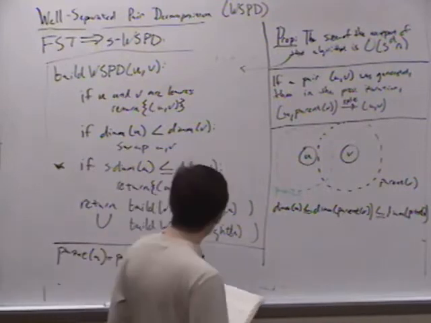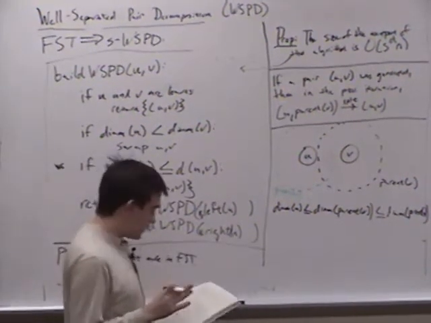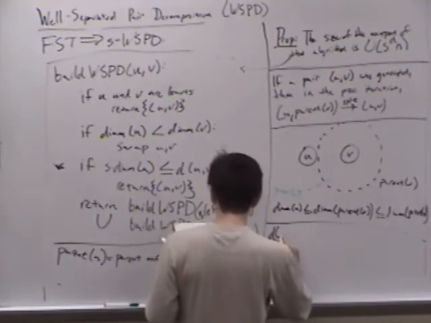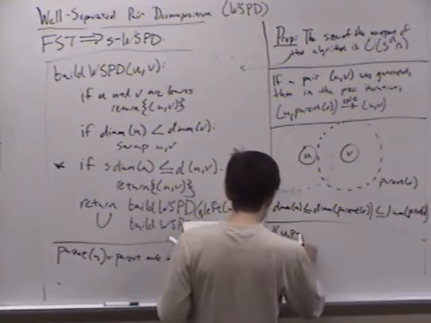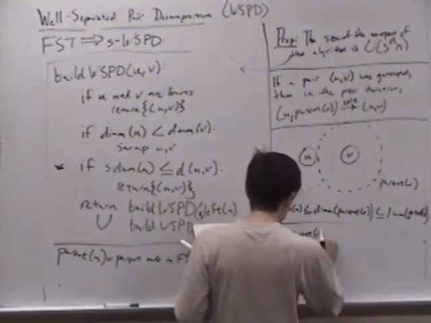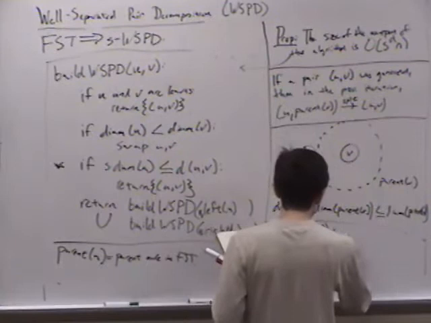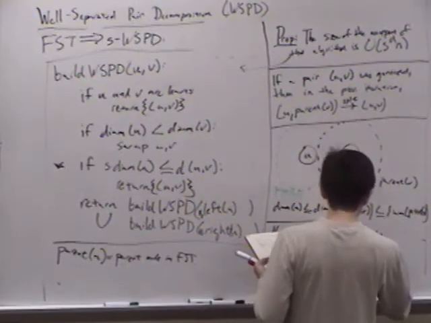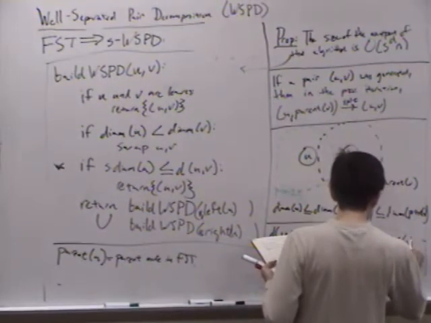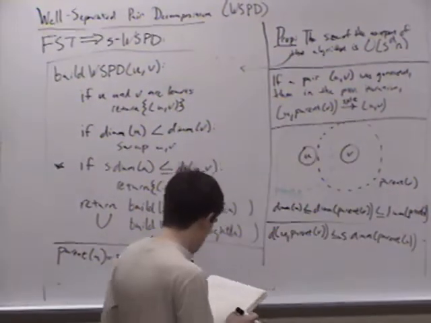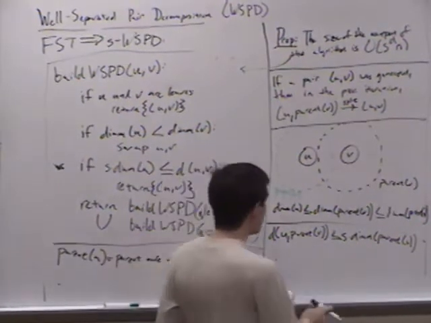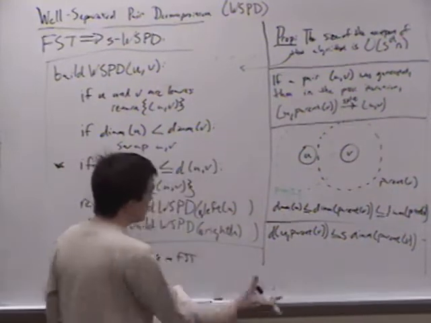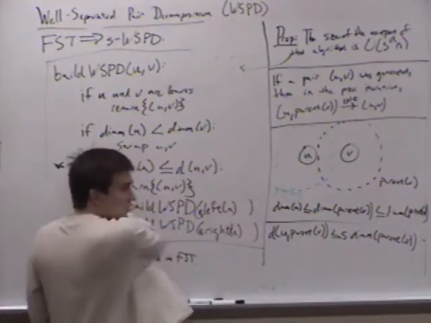Because these things were not well separated at whatever level they were at, this means that the distance between U and parent of V is less than or equal to s times the diameter of parent of V, not diameter of parent of U. This just means that they weren't well separated, so this conditional didn't fire.